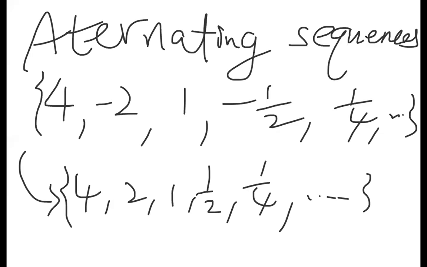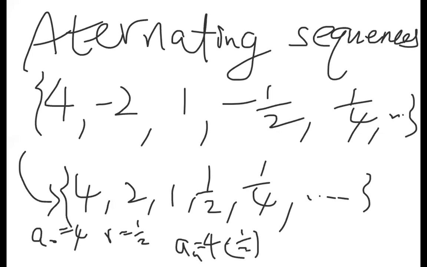With the common ratio 1/2, starting term 4. So 4 times the 1/2 to the nth power. So it's 2 to the 2 minus n.